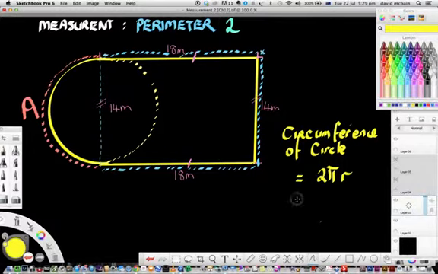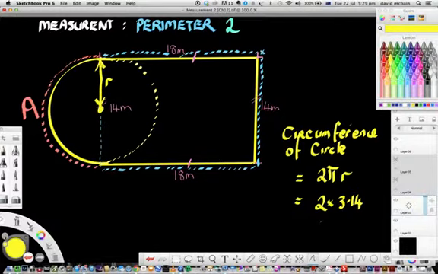So the circumference is going to be 2 times 3.14, that's the value of pi, times the radius. Well, what's the radius? Remember, the radius is from the centre to the edge. That distance there is the radius. Now we know from there to there, that diameter is 14. So the diameter of our circle is 14.